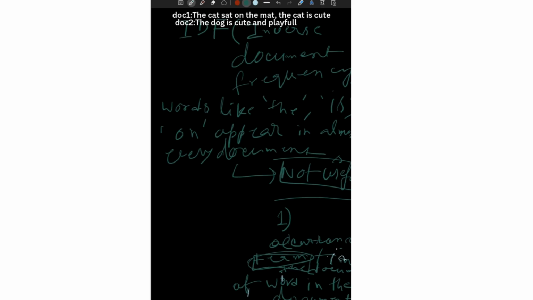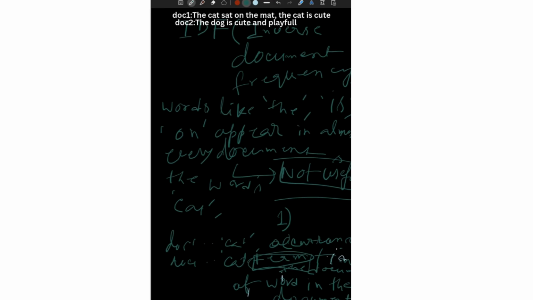Instead of that, in the previous sentence we were searching for the term cat. Words like cat, I mean the specific term which we are searching for, will appear in a fewer number of occurrences in each document. If we have multiple documents, document 1, document 2, document 3, the first document contains cat, the second document also contains cat, but appearance-wise it will occur only once or twice across the whole set of documents.